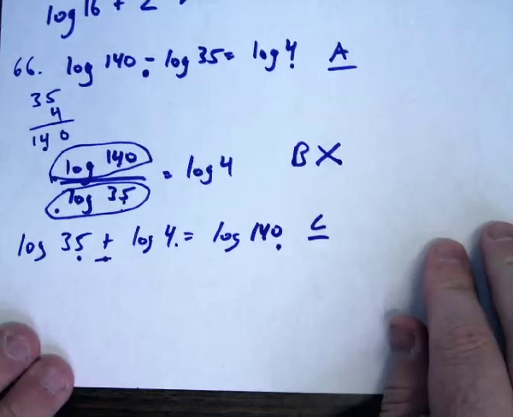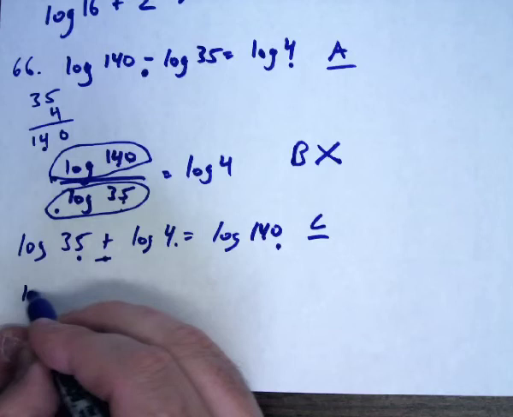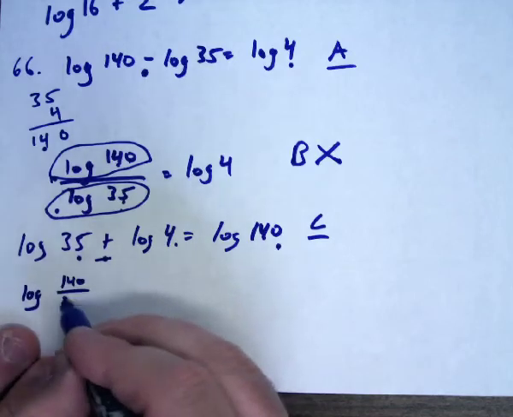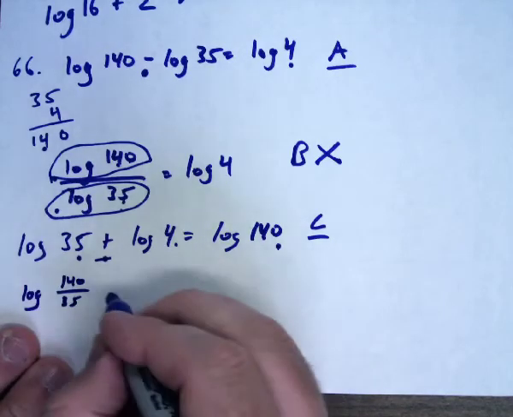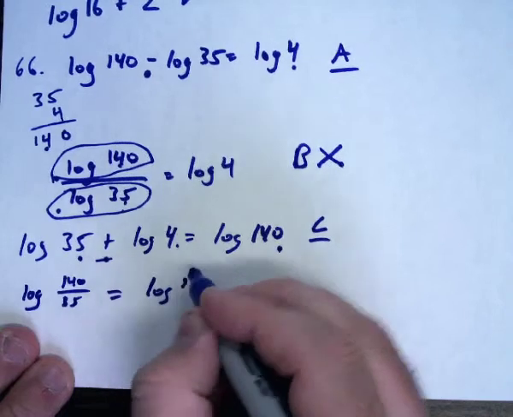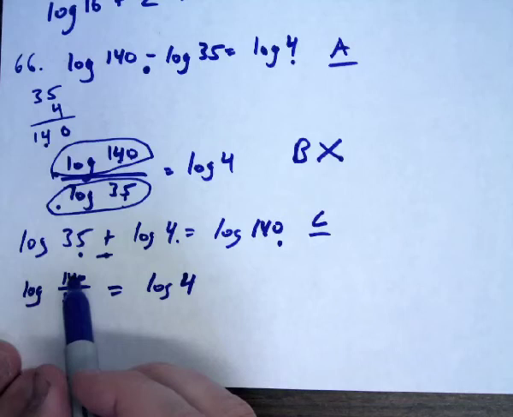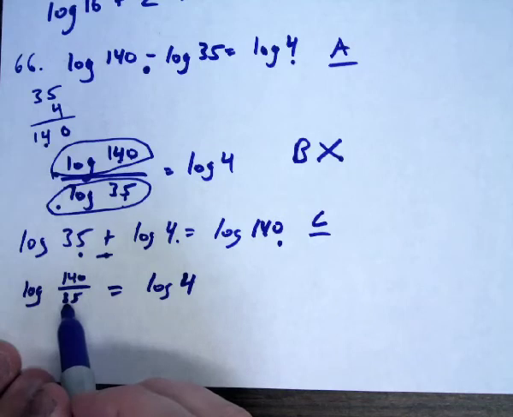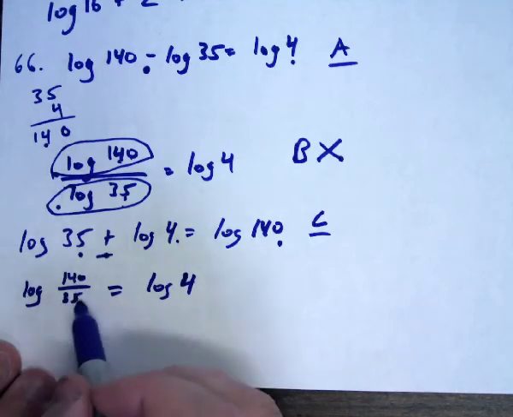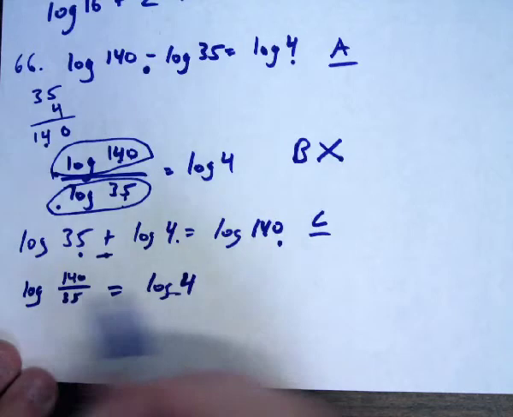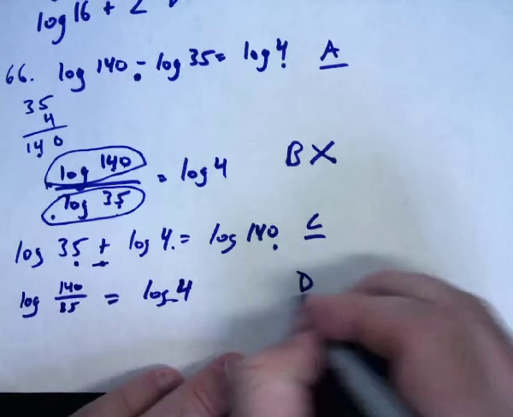And D is log 140 over 35 equals log 4, and as we've already done, so we're taking log of 140 divided by 35. 140 divided by 35 is 4, so these are equivalent, so D is okay. Alright, B is definitely the one that's wrong.